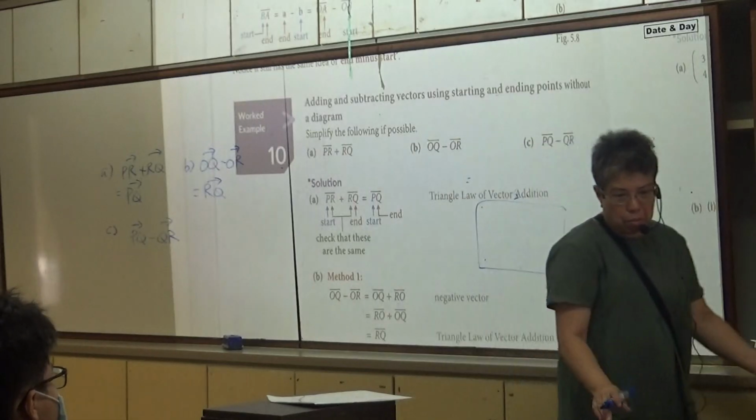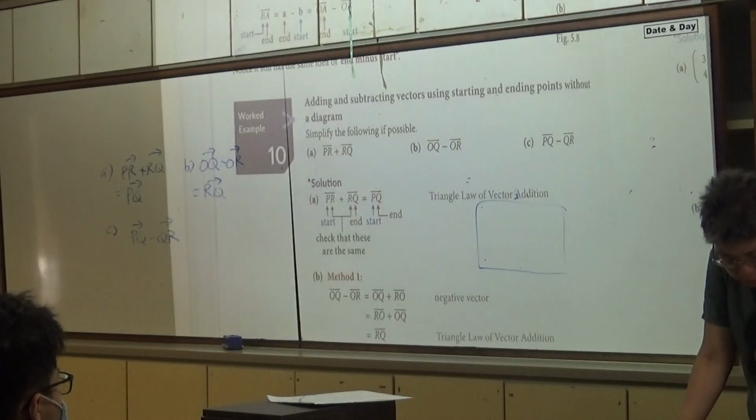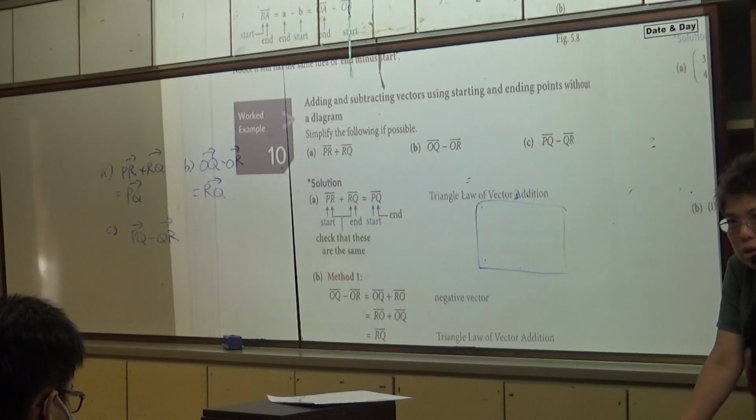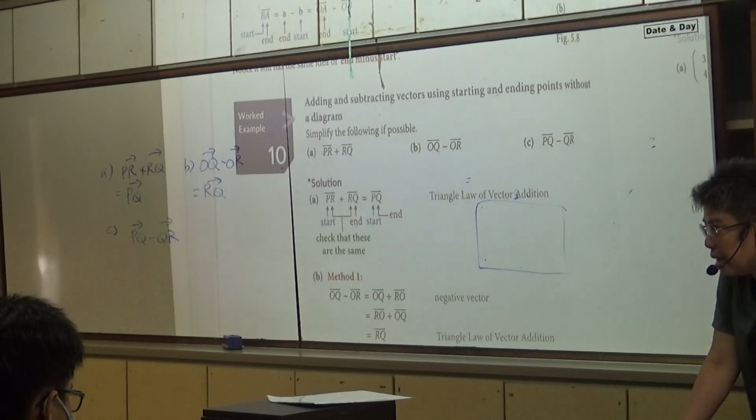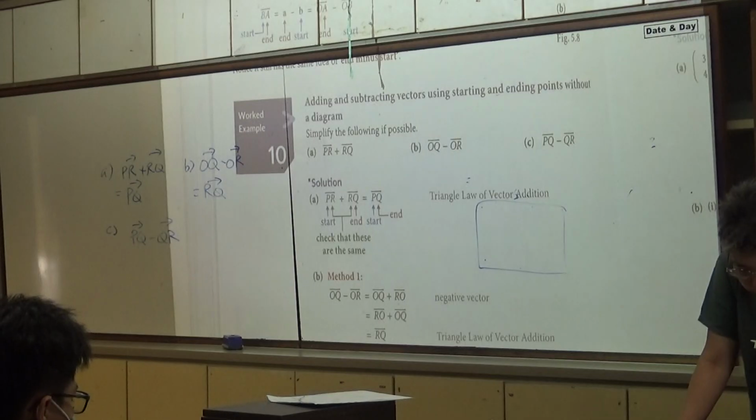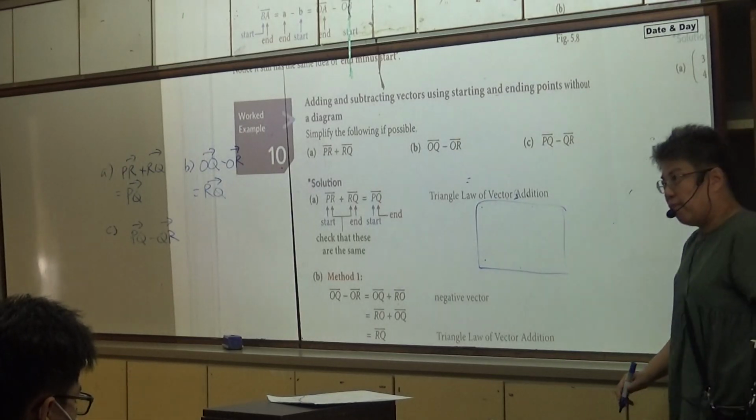Is there a way to simplify this? This one cannot be simplified, can you see? Because it's not the same and plus, and they don't start with the same. Yes or no? Okay, so this part C cannot be simplified.